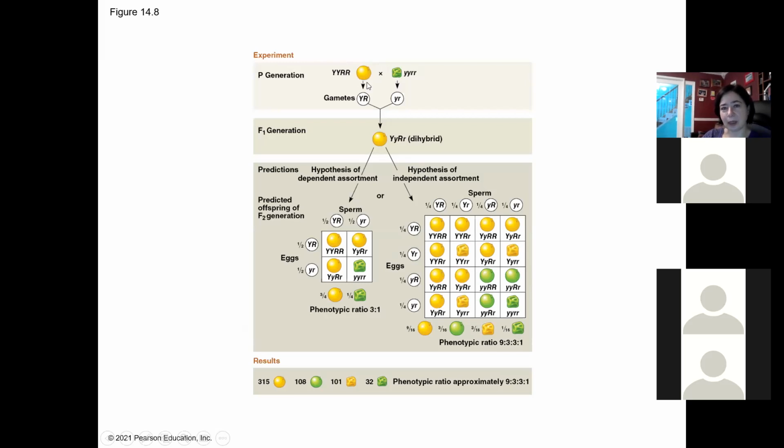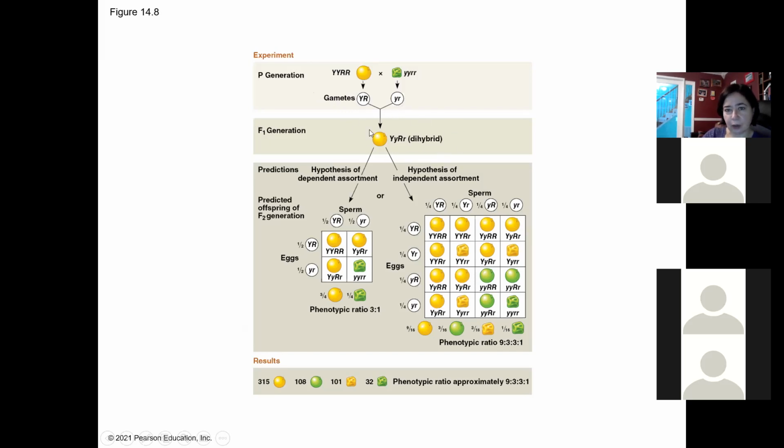Now, at this point, Mendel knew that round and yellow is dominant and green and wrinkled is recessive, right? So he checked, this is the gametes from the P generation, yellow round, and green wrinkled.